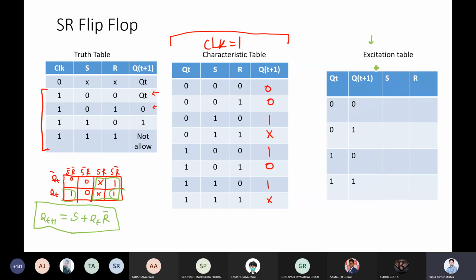Okay. So in case of the excitation table, let me take a different color, red one. Now you have to look into this characteristic table where Qt is 0 and Qt plus 1 is 0. How many combinations do we have? Qt is 0, Qt plus 1 is also 0.